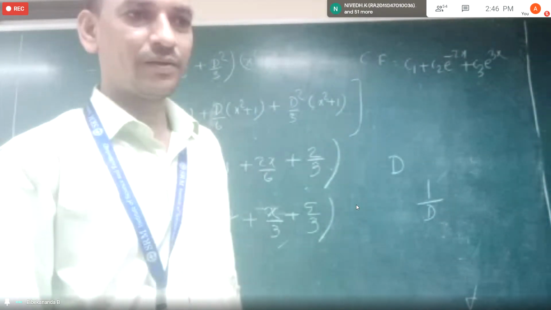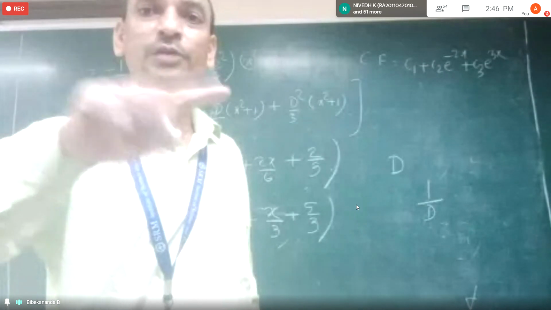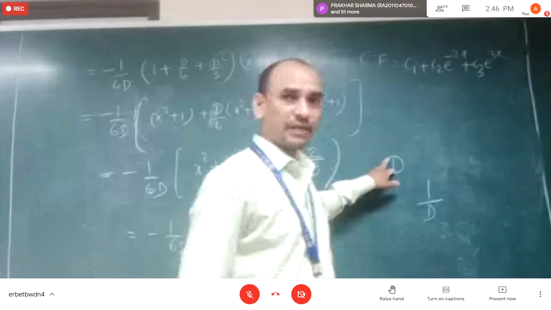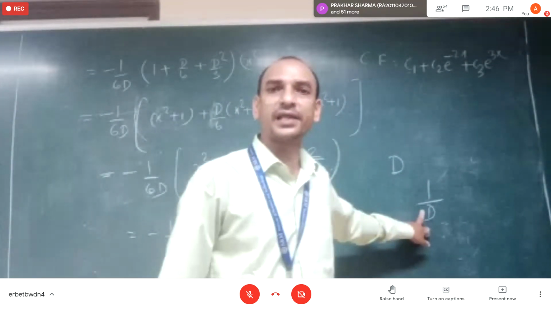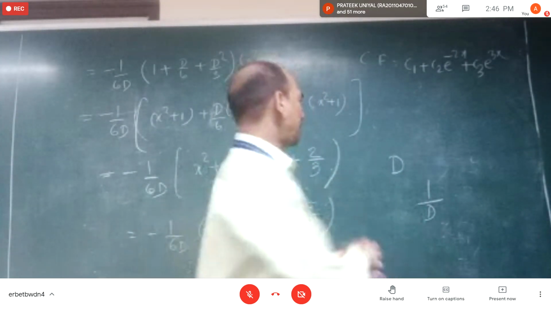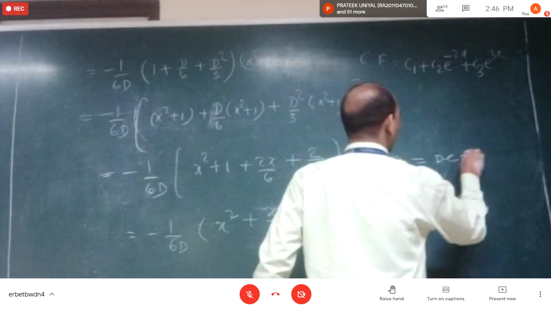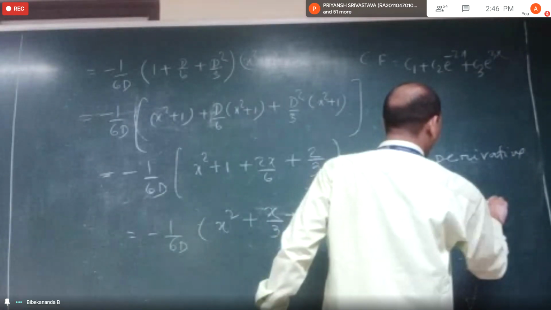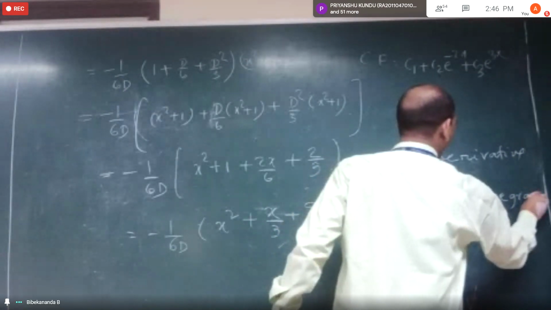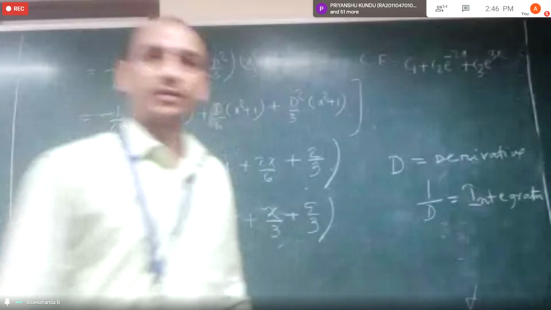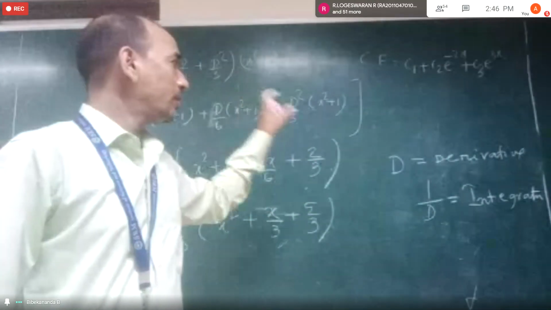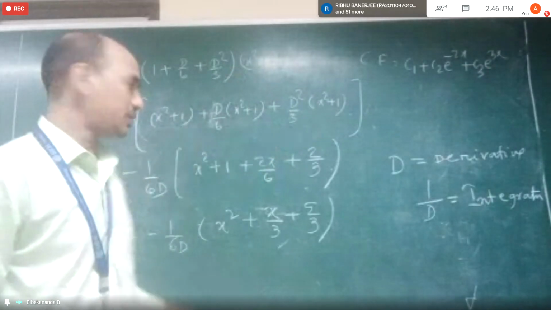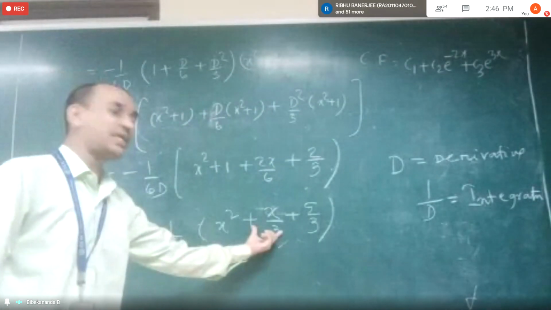If D is the derivative, 1 by D will be the integration. Remember that. So here D is the derivative, so 1 by D will be the integration, and by using the derivatives you are getting this.